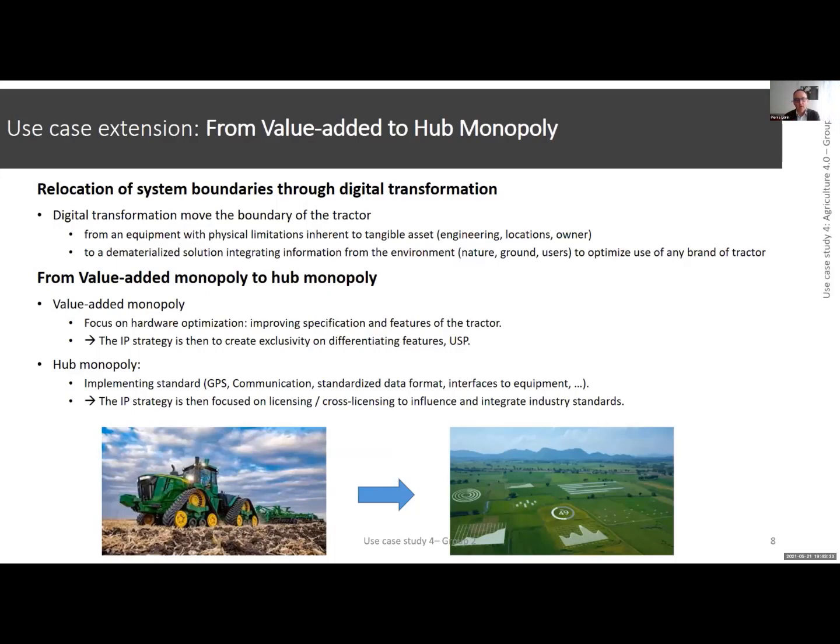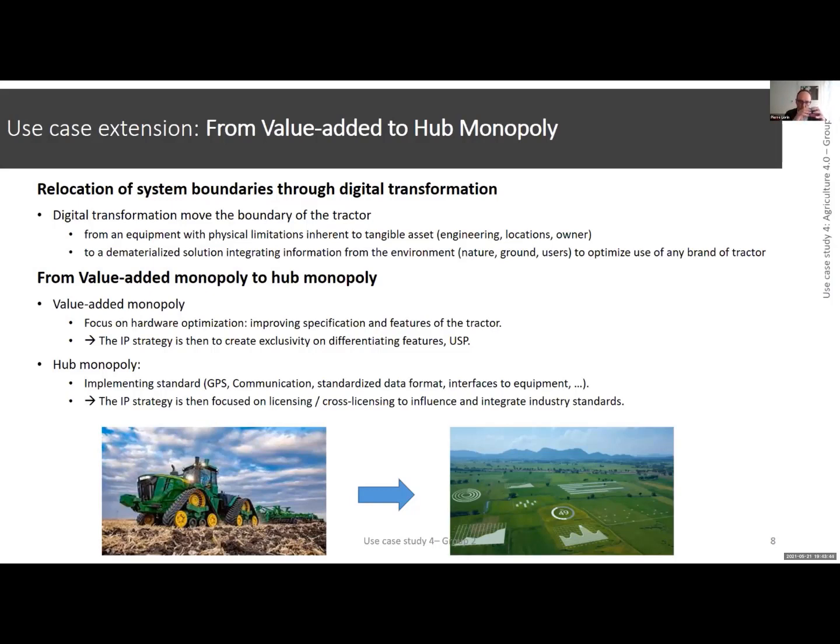I mean, if you want to optimize your tractor, you have engineering rules that you have to optimize. This tractor, if it is in location B, cannot be at the same time in location A. If the owner uses it in A, another person cannot use it in location B.